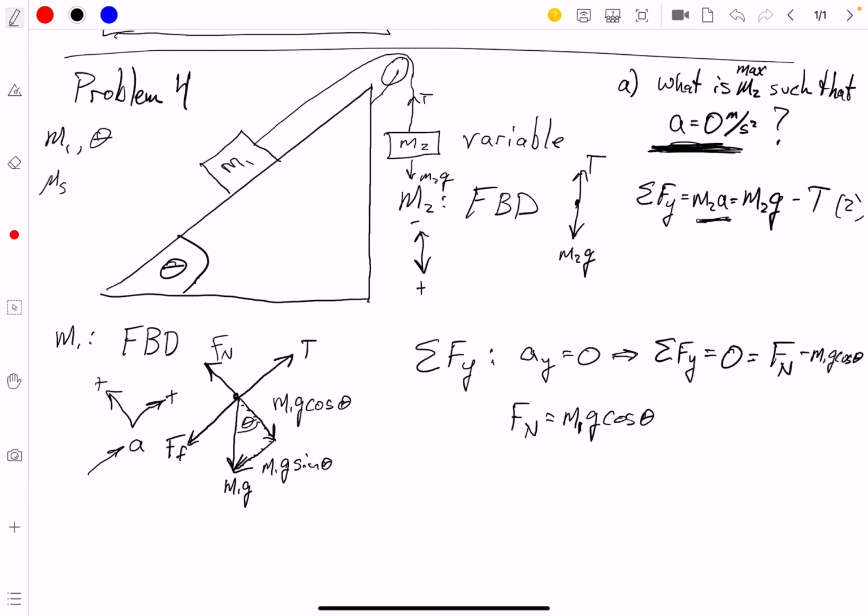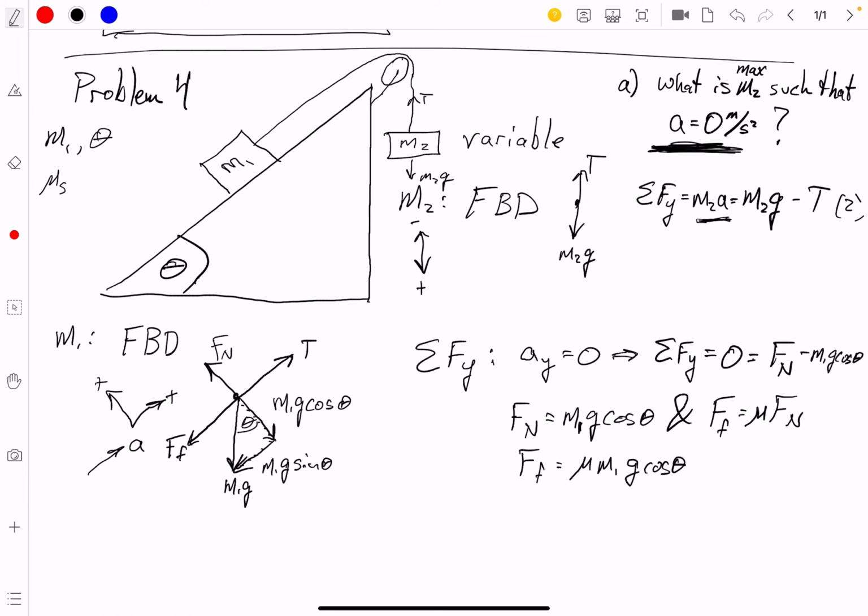And hopefully you guys remember this: F, force of friction, is equal to mu times our normal force. So we can then say that our force of friction is equal to mu m1 g cosine theta.